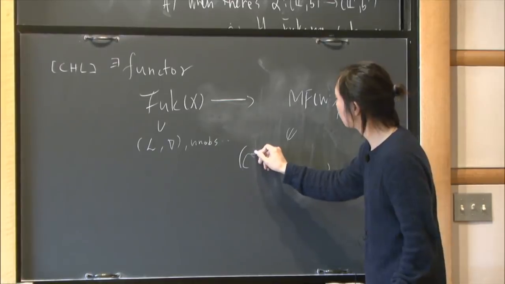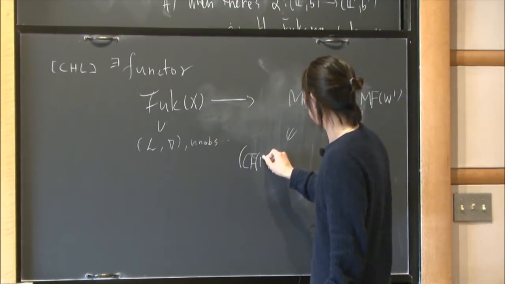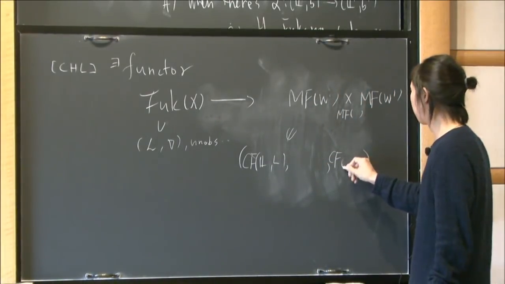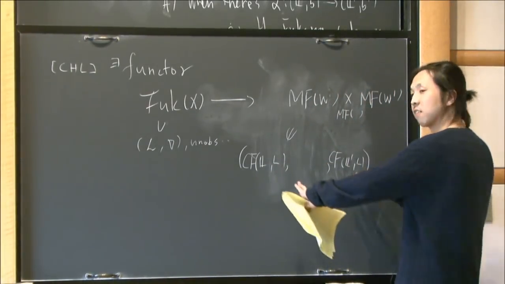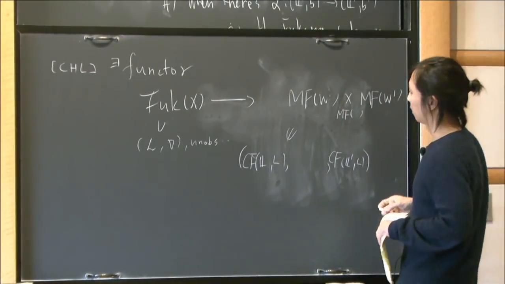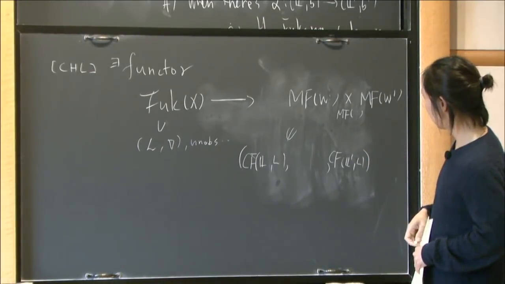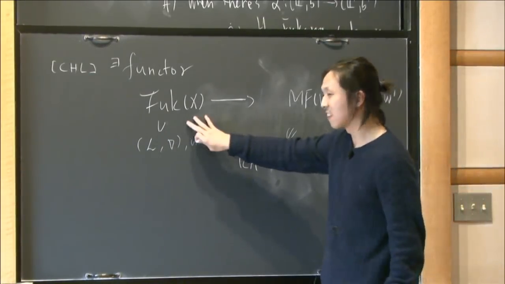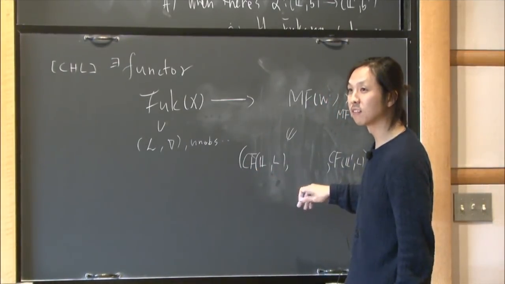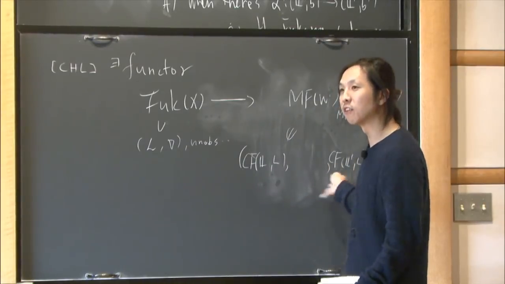Here I'm just going to take the Floer complex between my L and L, and here the Floer complex of my L prime and L. As long as these 2 make sense, I can do this procedure. So my setting is whenever this Floer complex or Floer cohomology makes sense, or this A infinity structure makes sense.